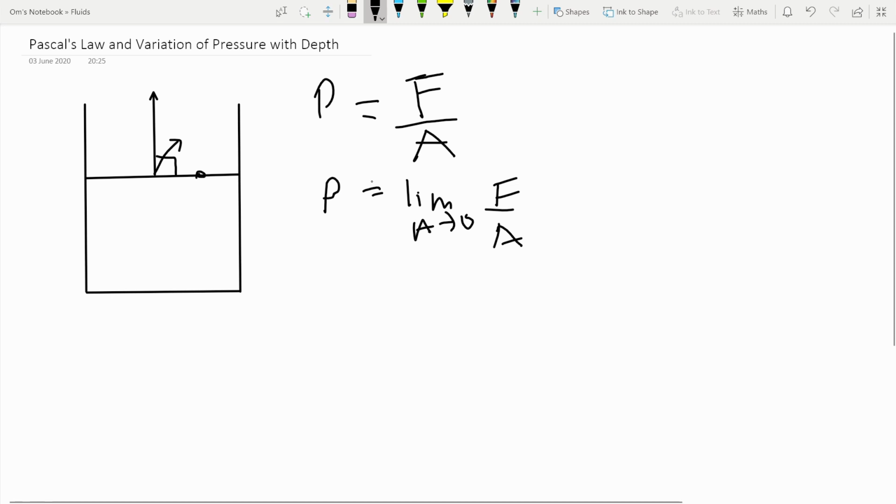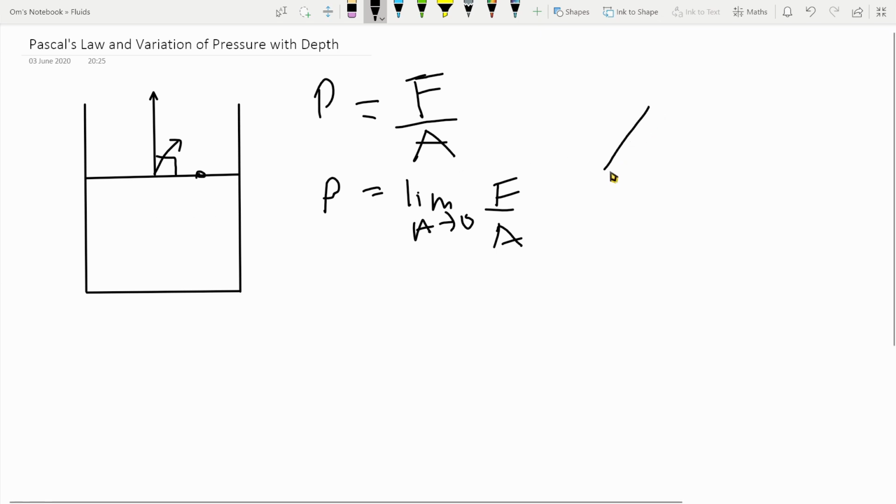Using this definition of pressure, Pascal formulated a very famous law, and he said that the pressure exerted by a fluid at the same horizontal level is equal, and this follows no matter what the arrangement of fluid particles is above or below the surface of the fluid, no matter what the shape of the container is.